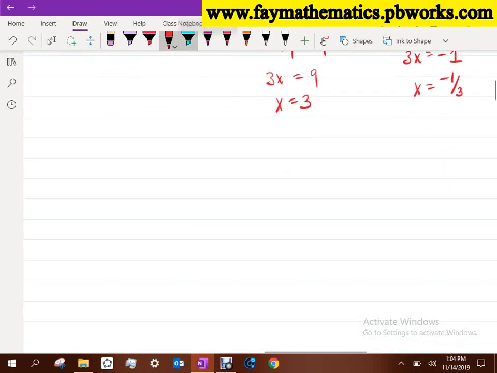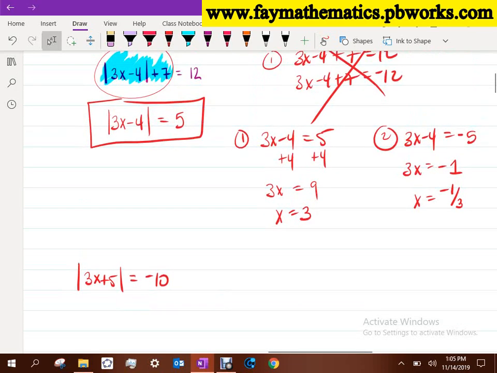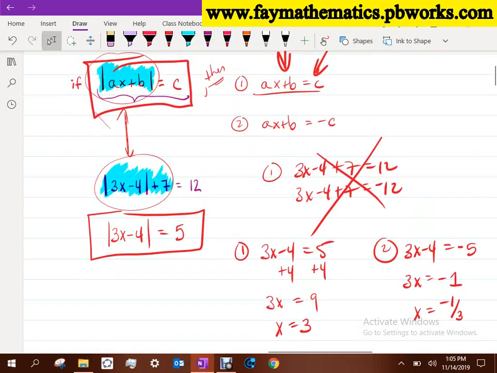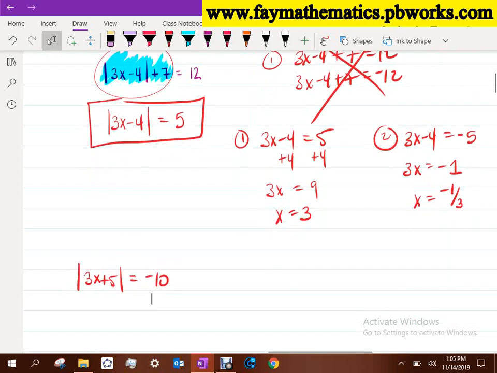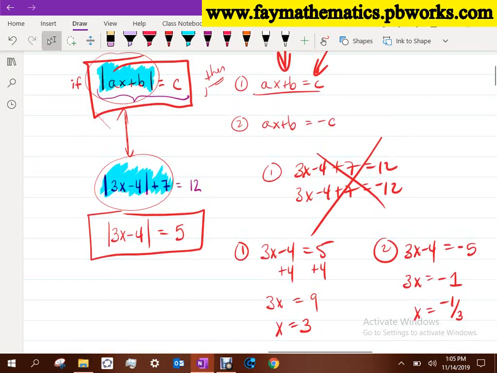Here's my next question. And this is the one we finished on yesterday. What if I go, let's just go 3x plus 5 equals negative 10. Can I do that? Why? Okay, so you're saying right now that this here matches this rule, right?